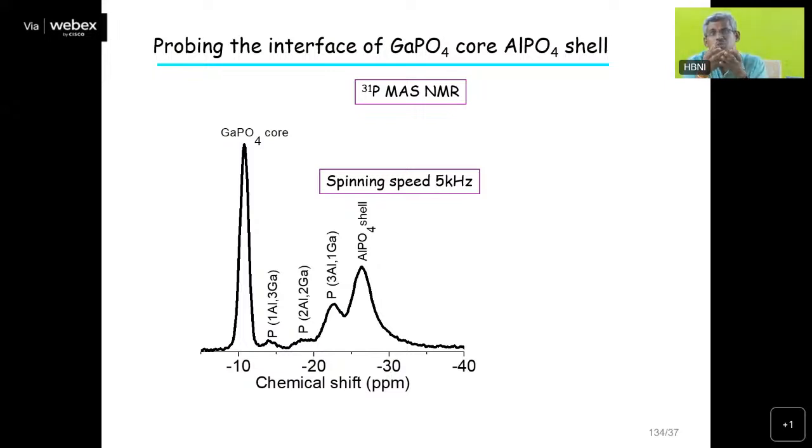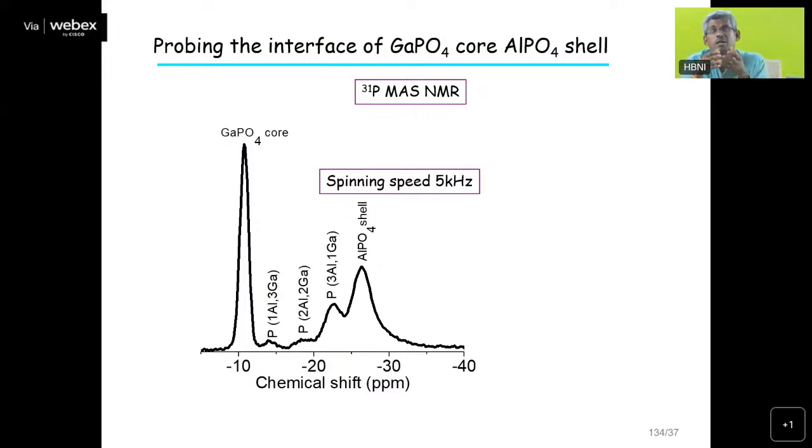First take gallium 3+ solution in aqueous medium, add phosphate precursor. So what will happen? It will form gallium phosphate nuclei. Then you add some ligands. There are different types of ligands. Mainly surfactants are used as ligands, like oleic acid or SDS. SDS is nothing but sodium dodecyl sulfate.